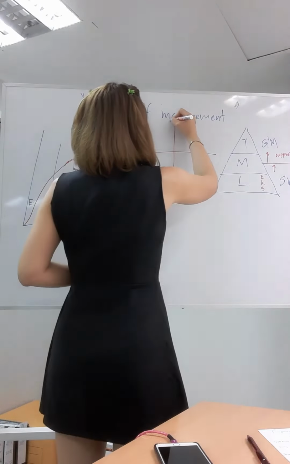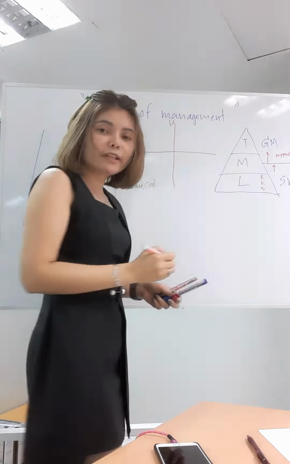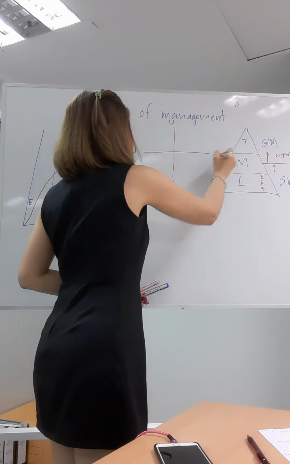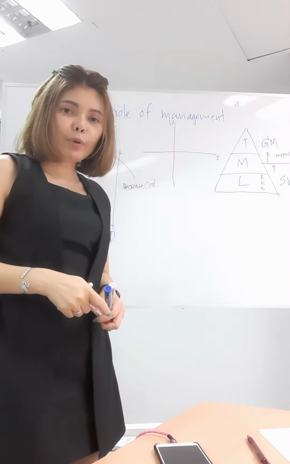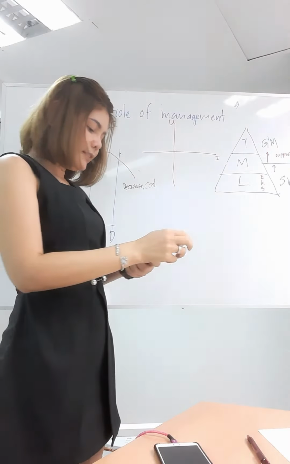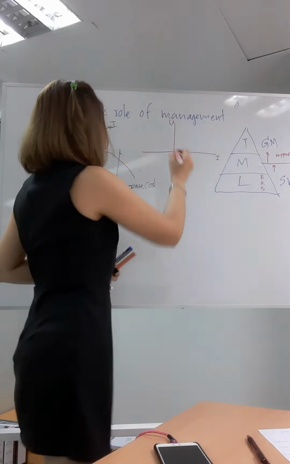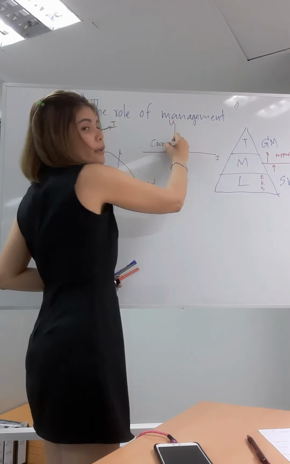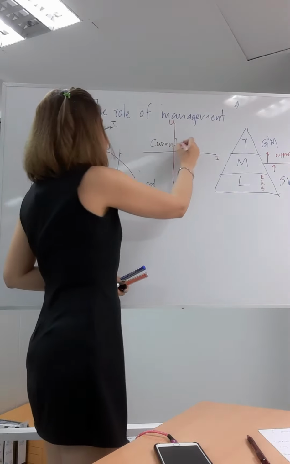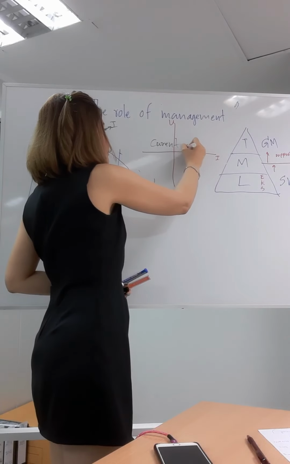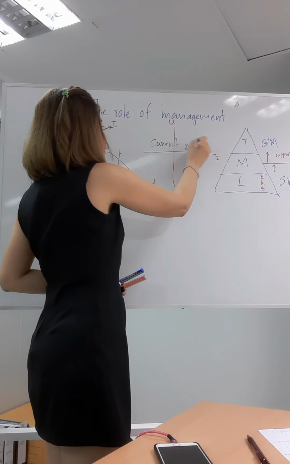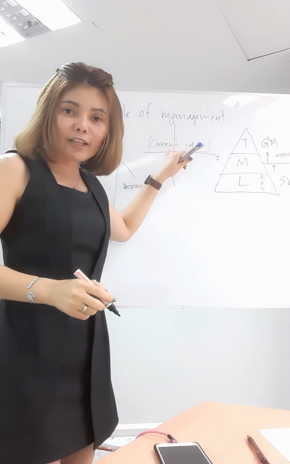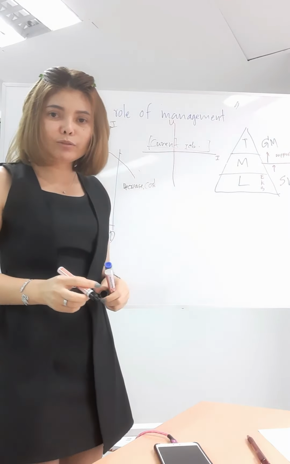So we have a matrix, with two things: urgent and important. Urgent means current task, current job, current business. This can be evaluated by sales amount, right?